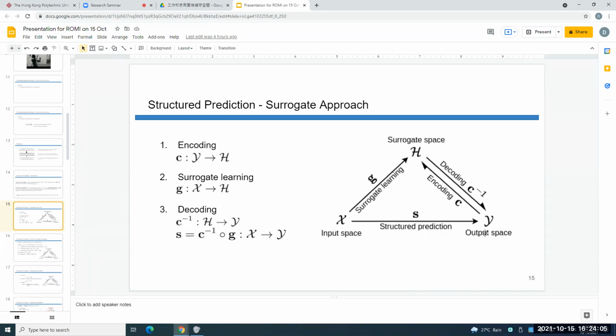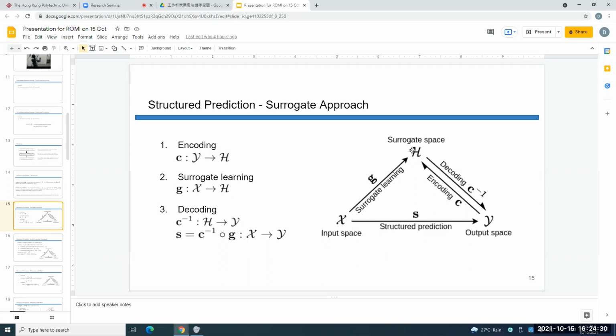Imagine that a quantity from this output space Y could be very complex, and directly learning the mapping rule S is difficult or sometimes impossible. So we introduce this surrogate space H, and this surrogate space is usually a vector space.